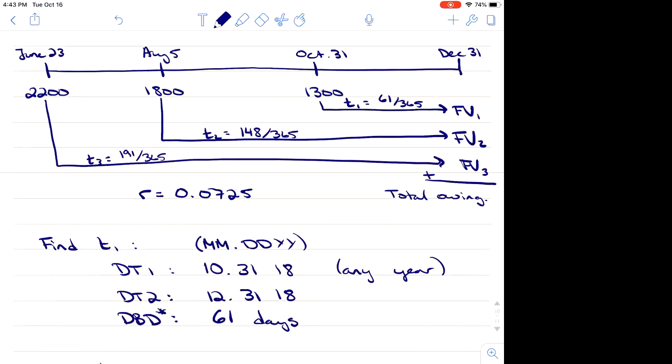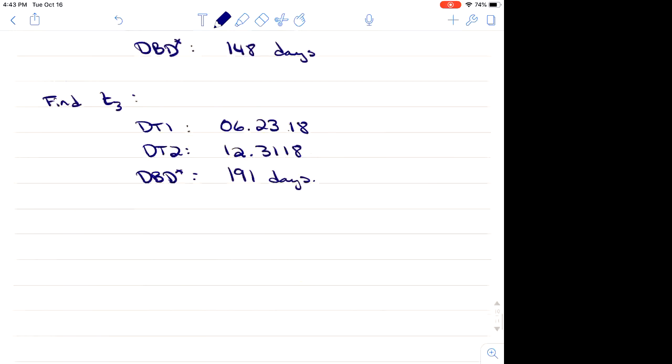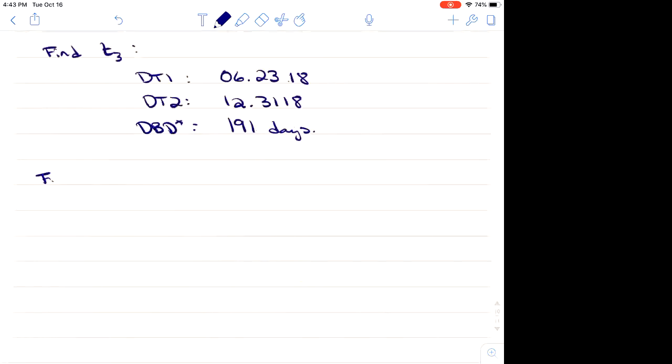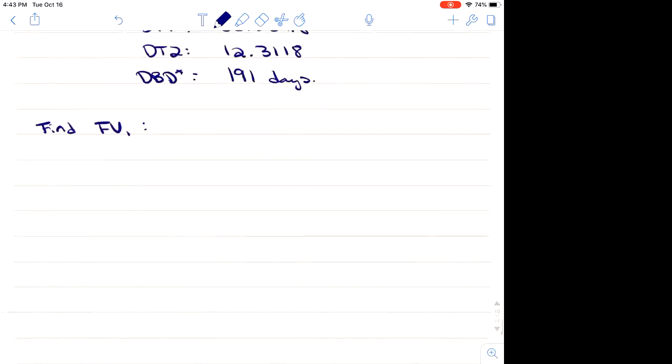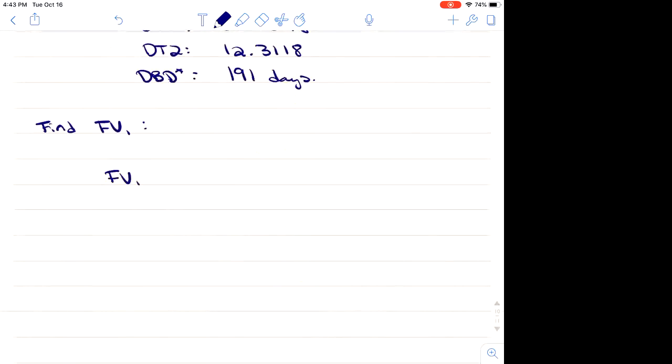So now we're going to solve for future value 1. Future value 1 is P times 1 plus R times T, technically times T1, but it doesn't matter. Even if you just had future value here, that's fine. I'm going to keep the subscript on there just to keep them straight.